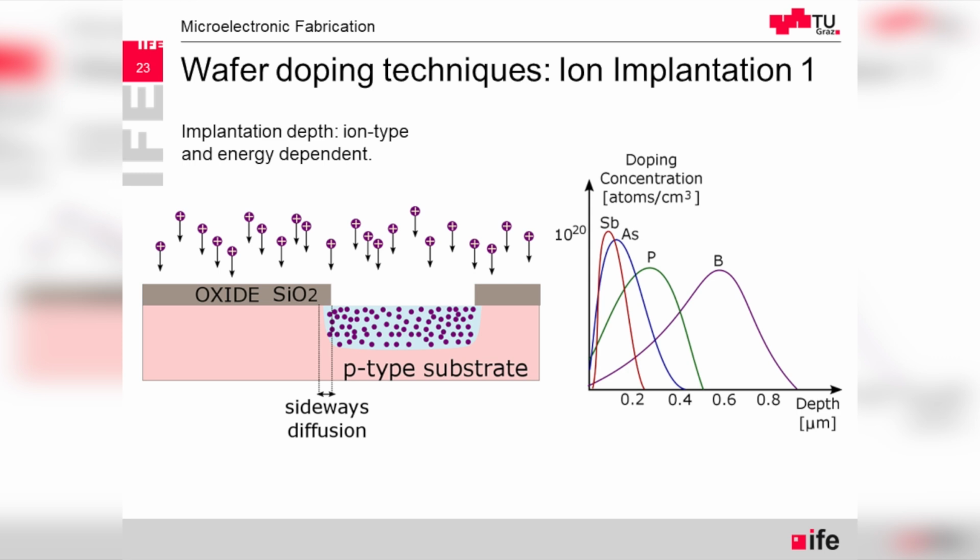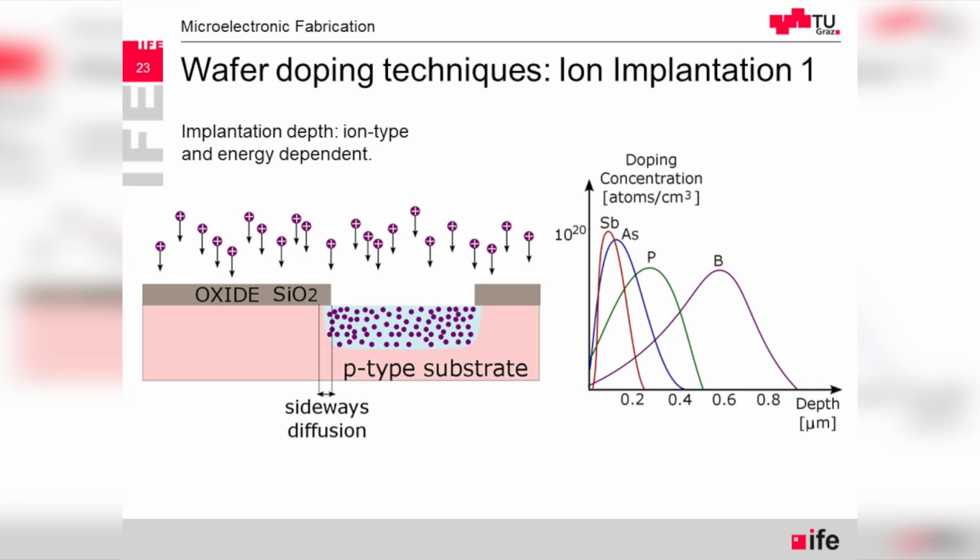And there is the whole interesting area of crystals and solid states that also defines the interaction of those ions with the solid state, which defines how the doping concentration will look as a function of depth. So it's always interesting to know what this profile looks like, regardless if it's diffusion or ion implantation.